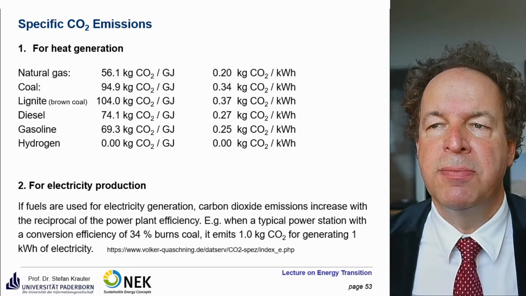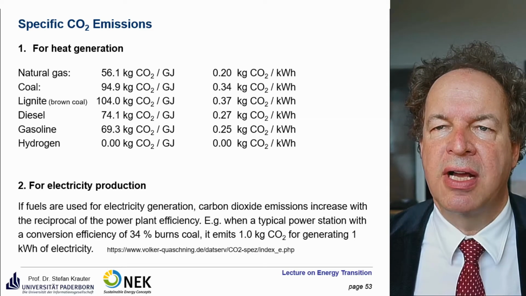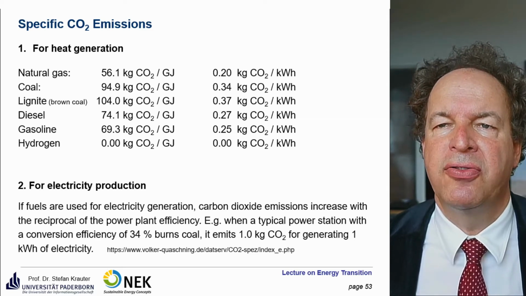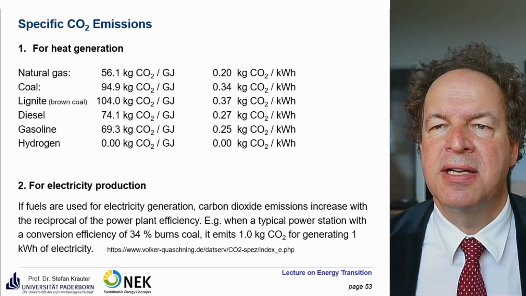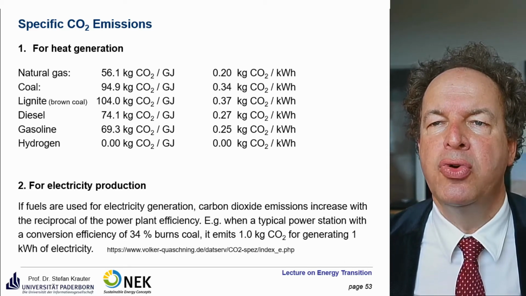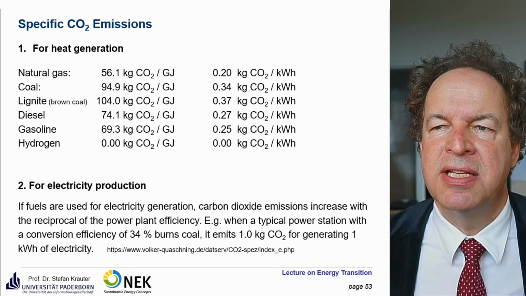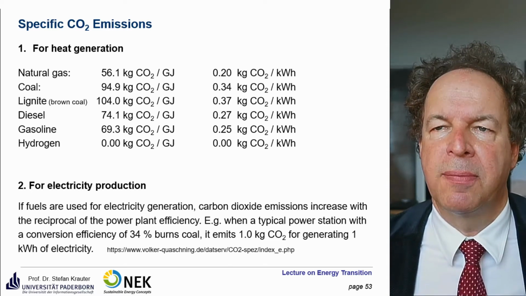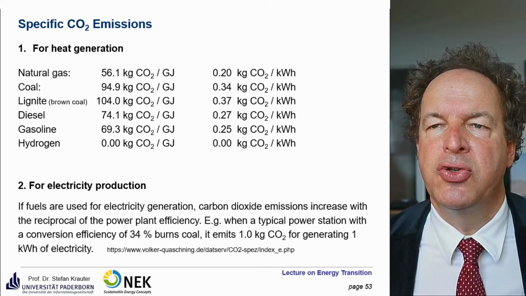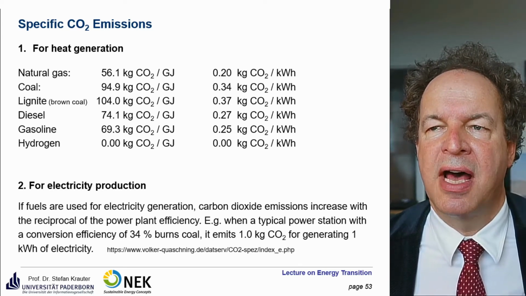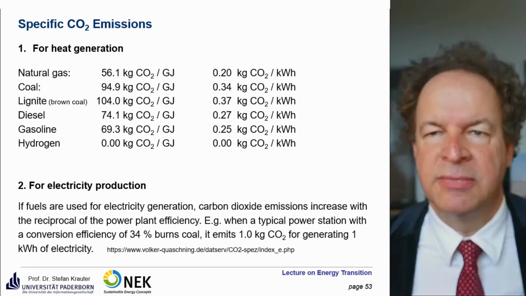This is just for heat production now. For natural gas, we have an emission of about 56.1 kilogram of carbon dioxide per gigajoule of heat release. Or if we substitute the gigajoule by kilowatt hours, it's equivalent to 200 grams of carbon dioxide per kilowatt hour.